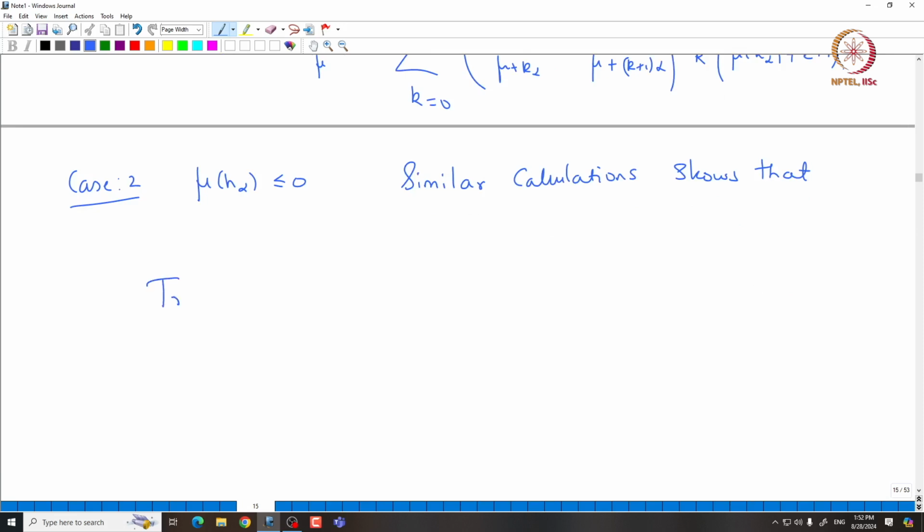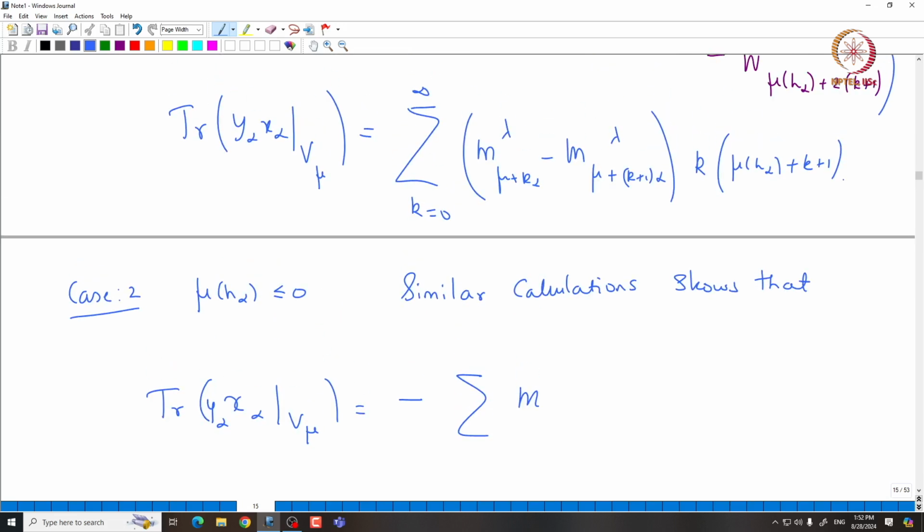The trace of x y alpha x alpha on V mu is going to be minus the summation of the multiplicity. Okay. So, actually let us simplify this, and then we can rewrite it as follows.